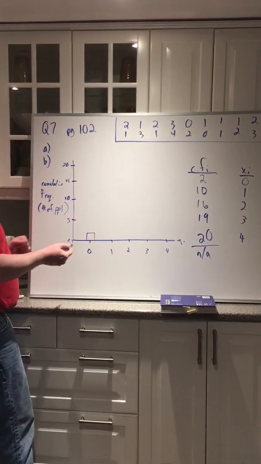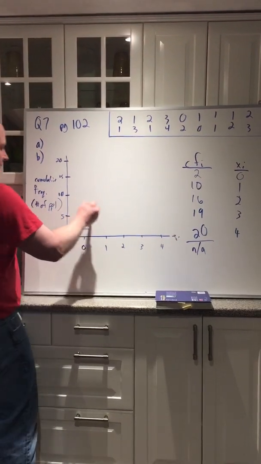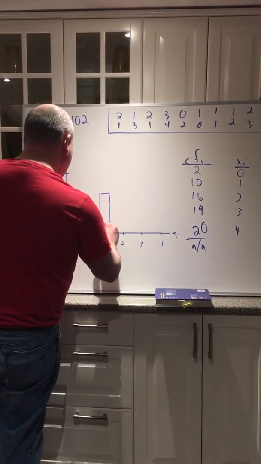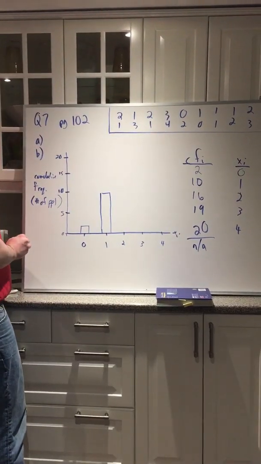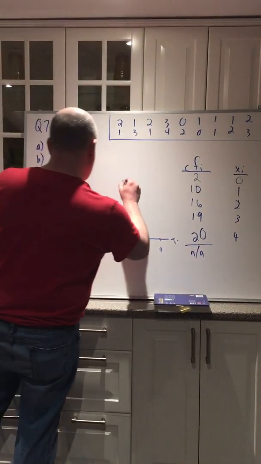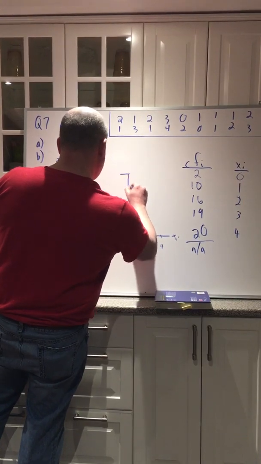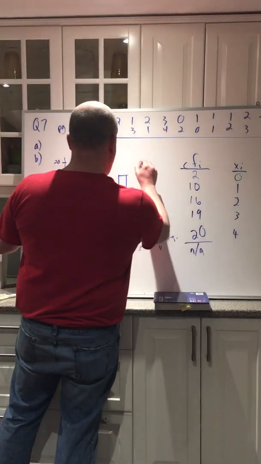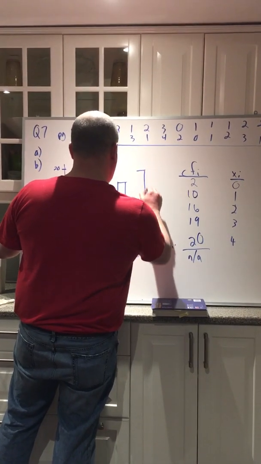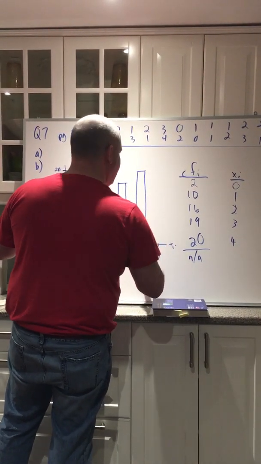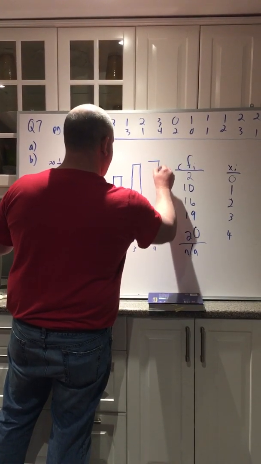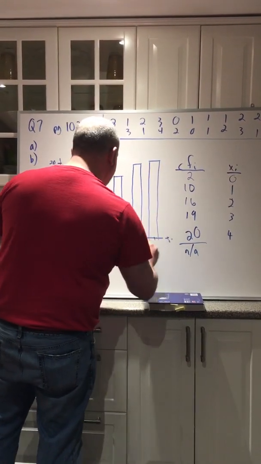But it looks like it's about 2. We're going to go for 10 for the next one, so my bar is going to go up to 10. For 2, I'm going to go up to 16. For 3, 19, pretty boring. You don't really need to see how I graph this. This isn't rocket science, but it does require you to know the key components of a successful graph.